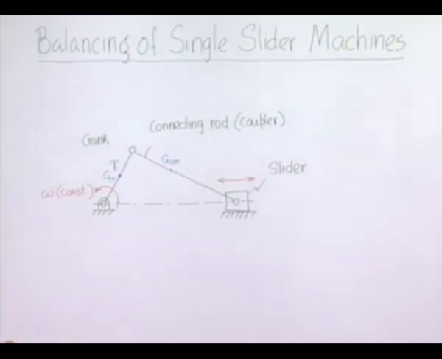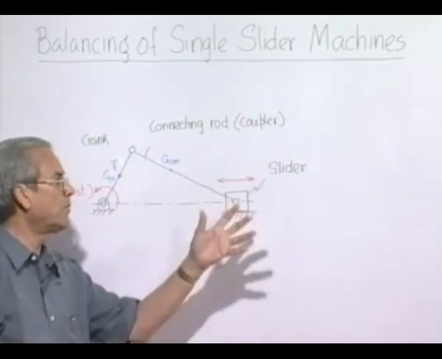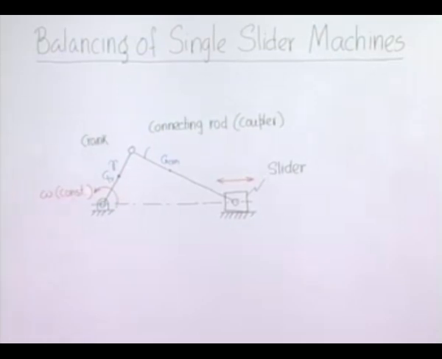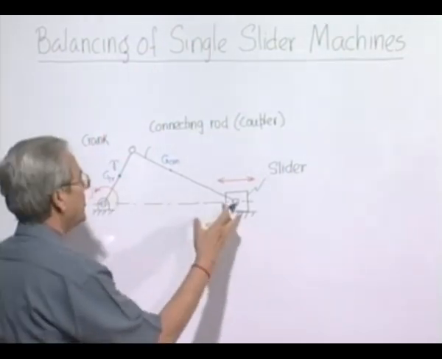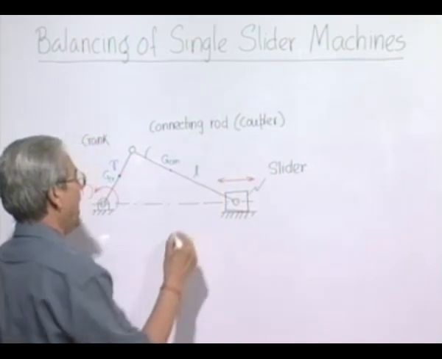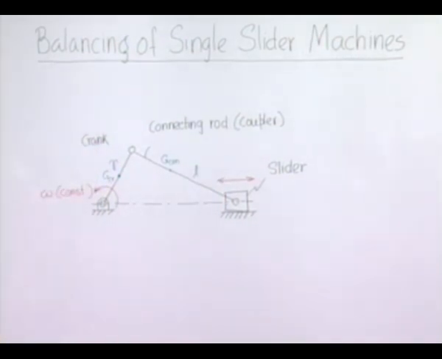It really is not important, because for a translating body, the location of the center of mass is of no consequence. The length of the connecting rod may be L.